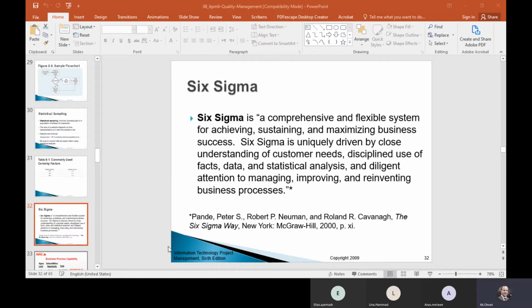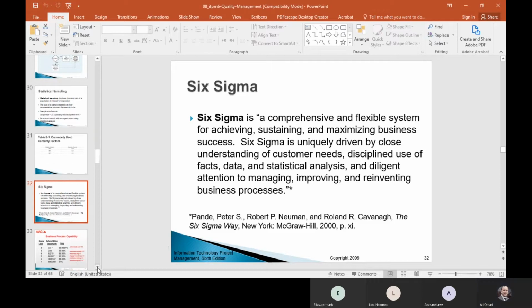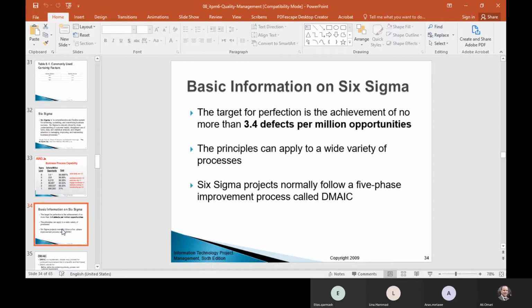Any question so far? What are the basic information or principle of Six Sigma?